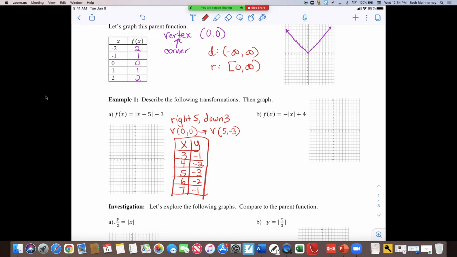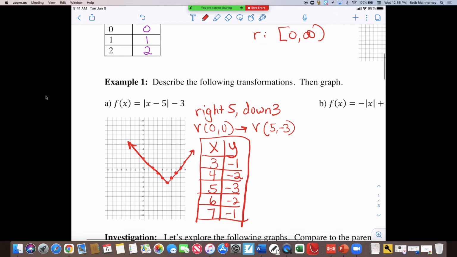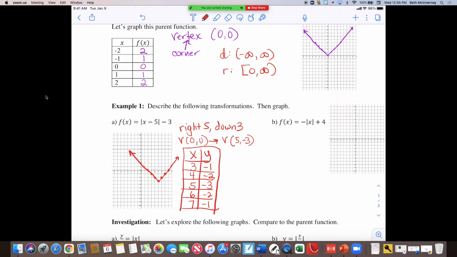So let's plot this. Here's 3, -1, 4, -2, 5, -3, 6, -2, 7, -1. Okay, do you see I'm using this parent function?